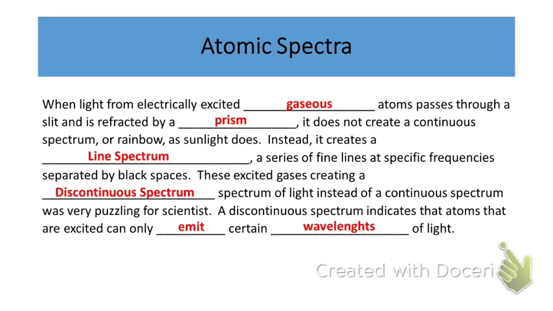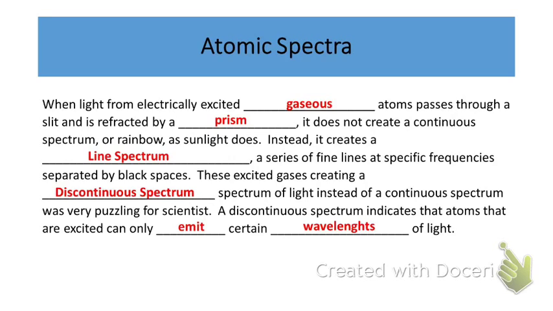When we take light from electrically excited gaseous atoms, in other words, we take an element, make sure it's in the gas state, and zap those gas atoms with electricity, that light passes through a slit and is reflected by a prism.